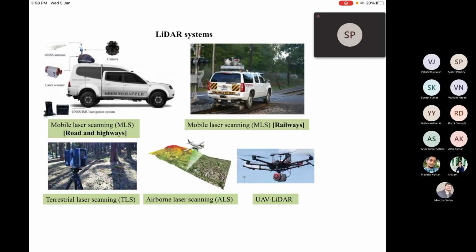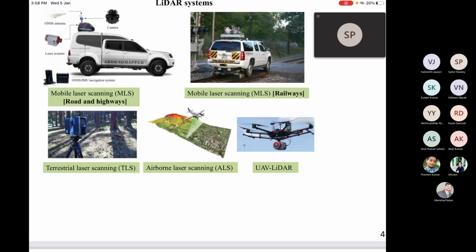When you mount the integrated LiDAR system on an aircraft, the operation is termed airborne laser scanning. You can also mount the LiDAR system on a UAV, which is called UAV LiDAR. So this categorization of LiDAR systems into various categories is done on the basis of the platform used to operate the systems.